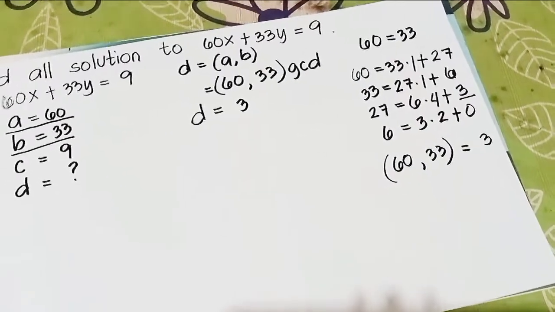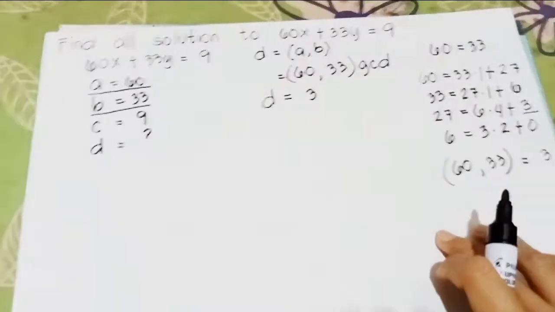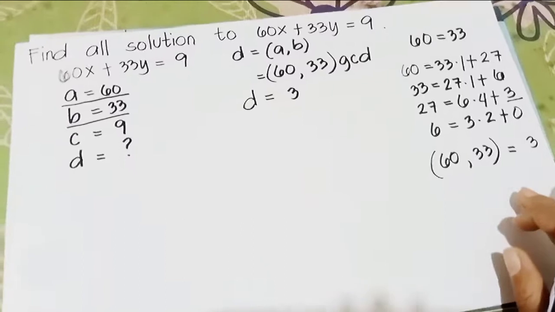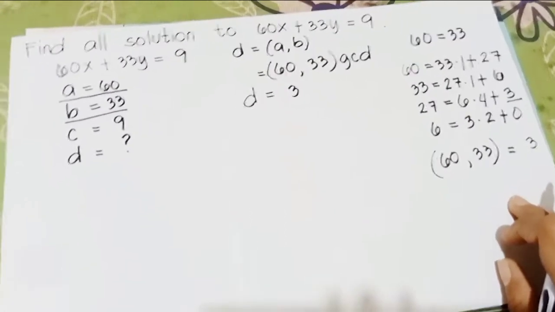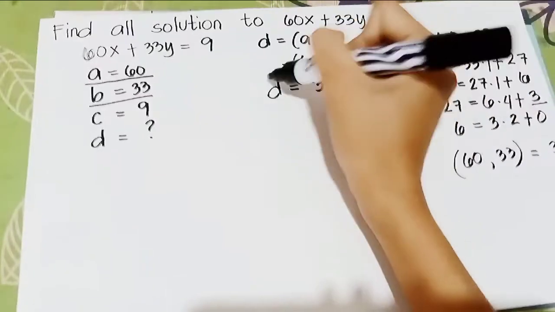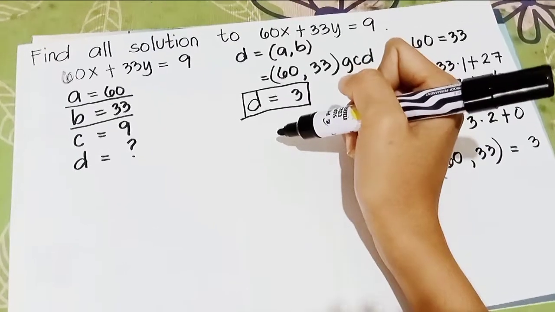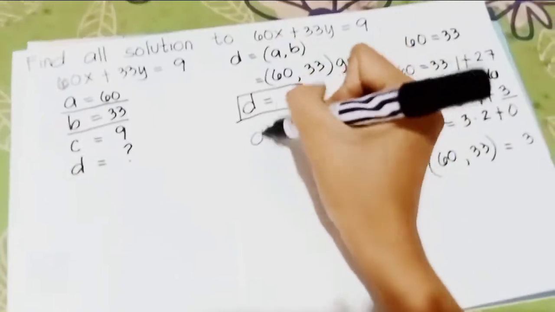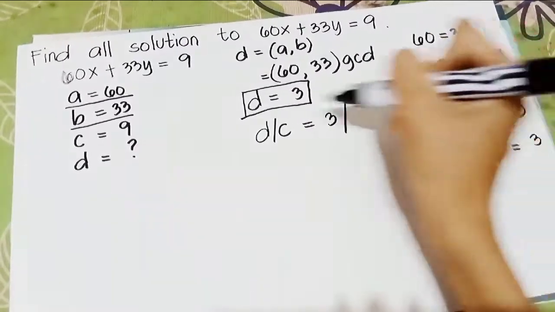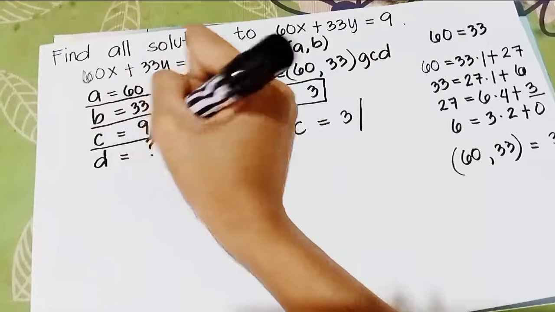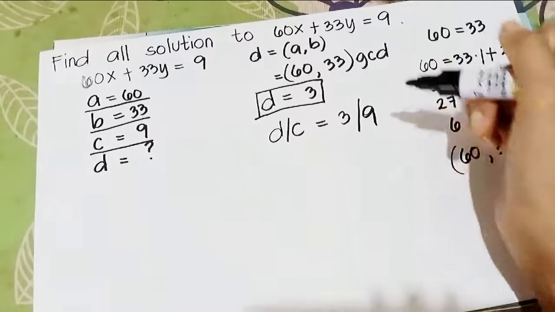Now, to get the values of x and y, let's reverse the steps, substituting back to find x and y. Since we already found the value of d, let's first check if it has solutions. If d divides c, so 3 divides 9, yes, definitely.